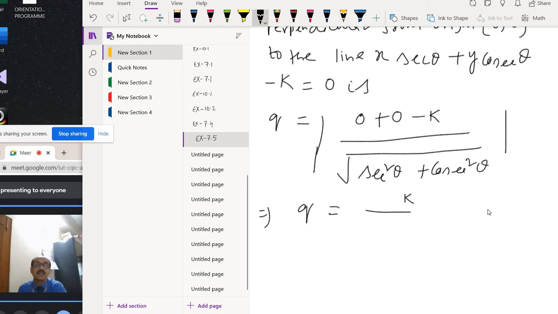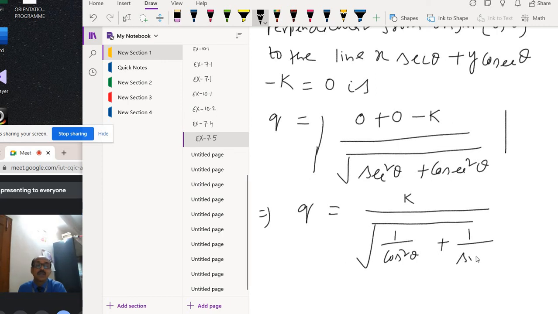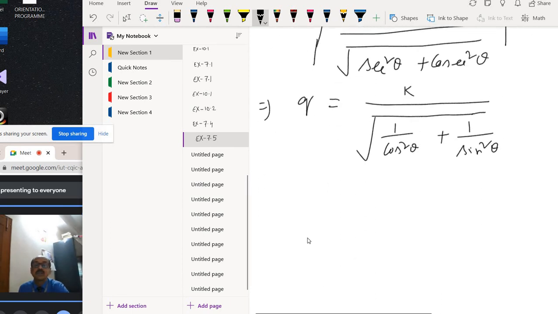Sec square theta means 1 by cos square theta, plus cosec square theta is 1 by sin square theta. Now the LCM is cos square theta into sin square theta.